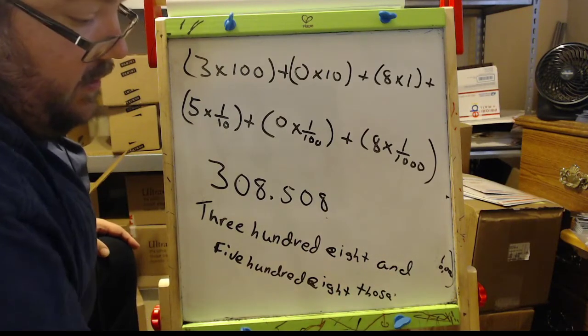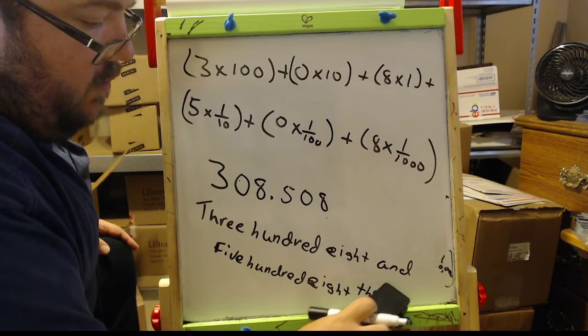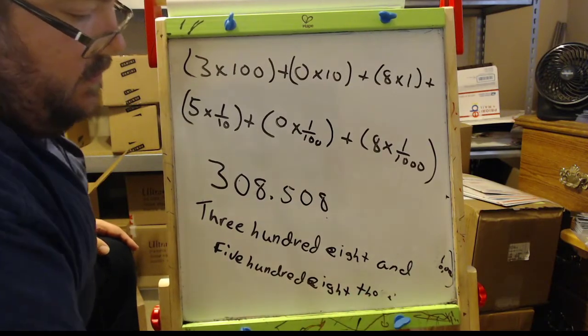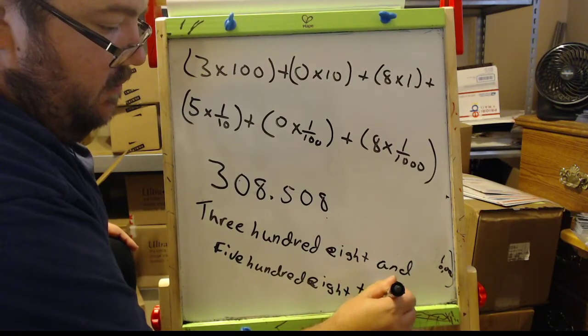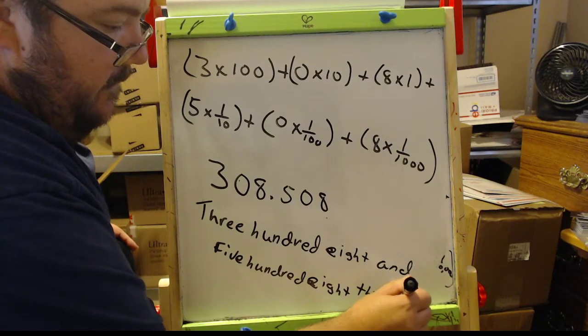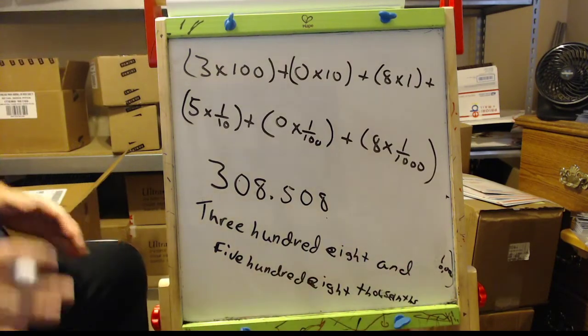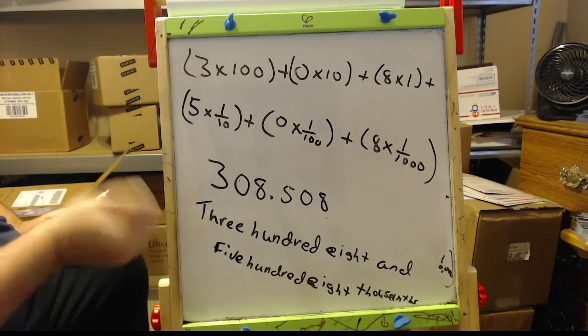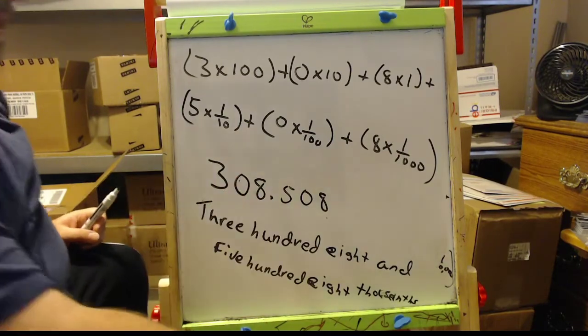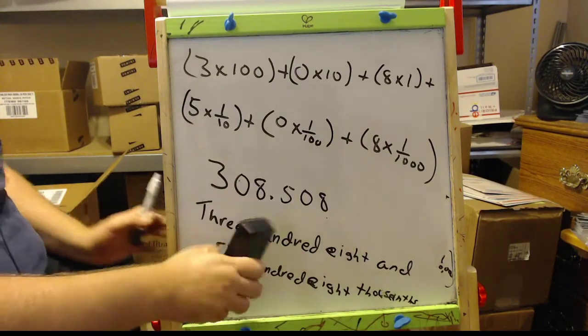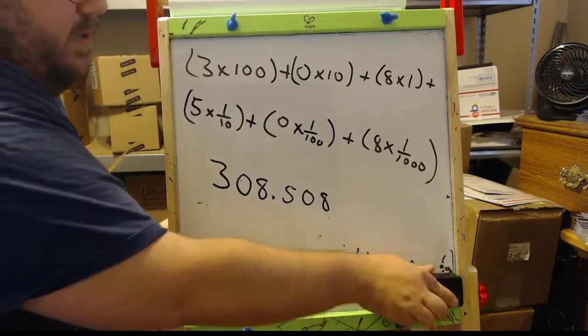If I could spell today. I'm running out of room here. Thousandths. So that's expanded notation, how to write a decimal out in expanded notation.